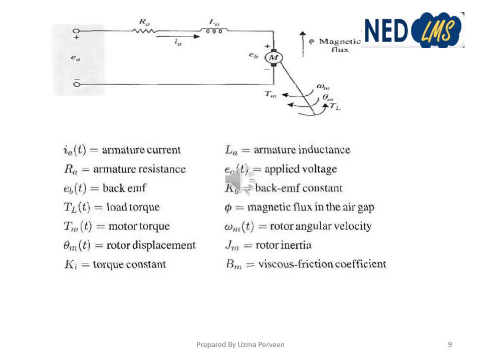This is the diagram of a DC motor. I hope you have remembered that we give an input voltage to the armature, and we get a shaft rotation at the output.